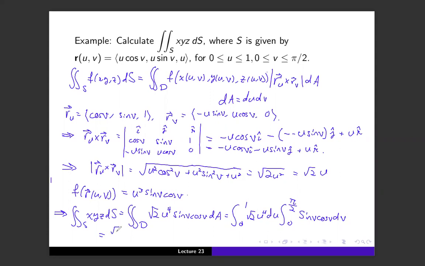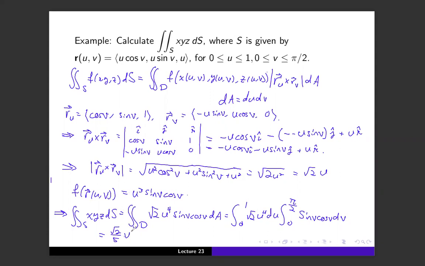The first one is root 2 over 5 times 1/2. Actually, I'll do this a little more step by step.